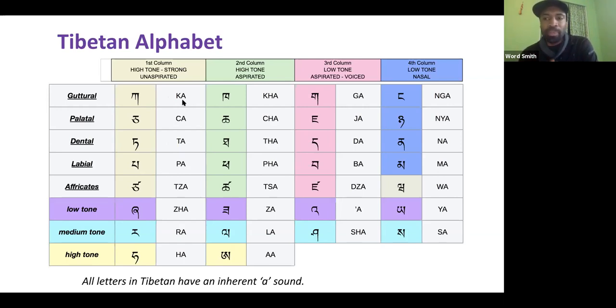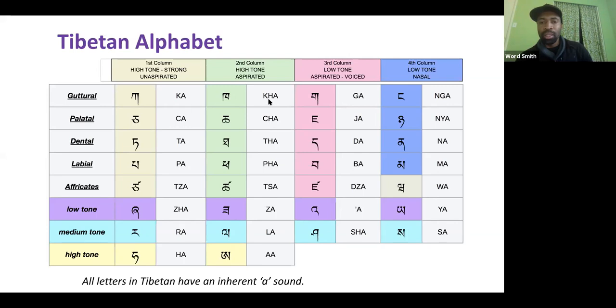So let's practice. Say ga, ja, da, ba, za. Okay. So the second column. Actually, we'll do a compare and contrast. If you notice, the second column is pretty much represented by the same letters, except you add an H. The H doesn't mean the TH in English.